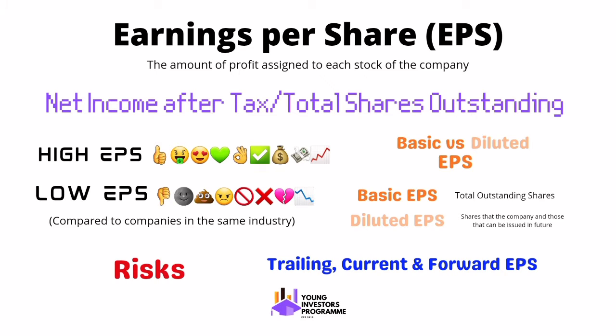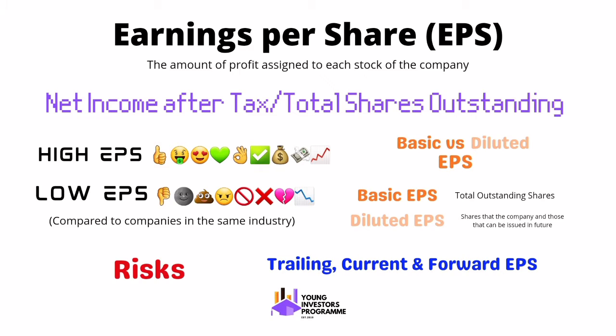Basic EPS is the total shares outstanding, whereas a diluted EPS takes into account the shares that the company holds that can be issued in future. This, of course, depends on your relevant industry and the nature of the company and whether they do have holding shares that they can issue in future.